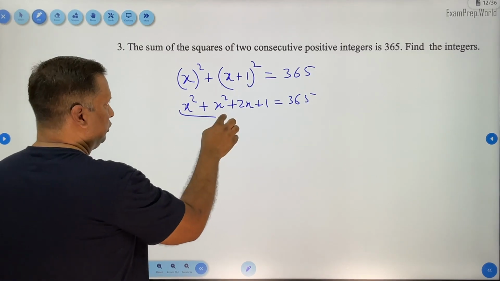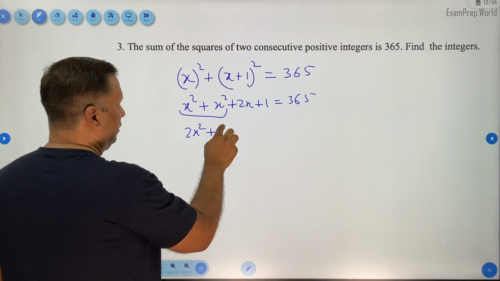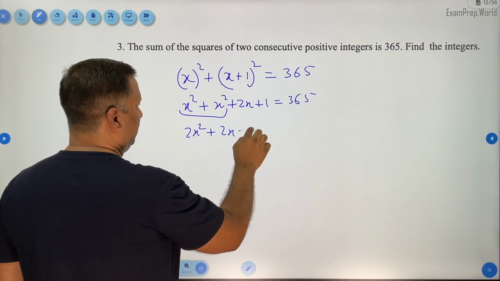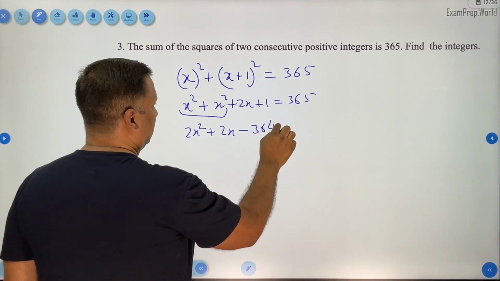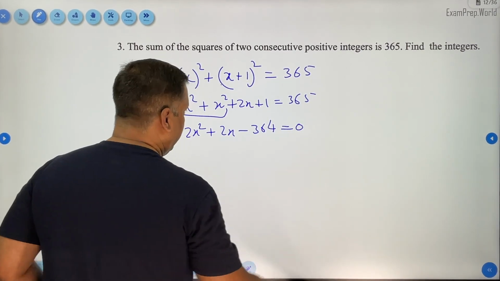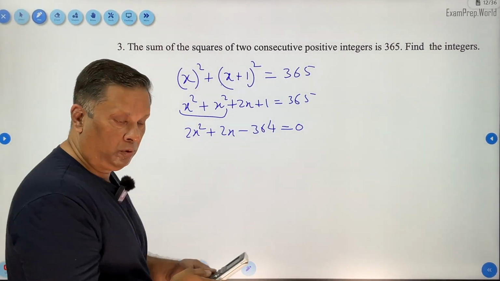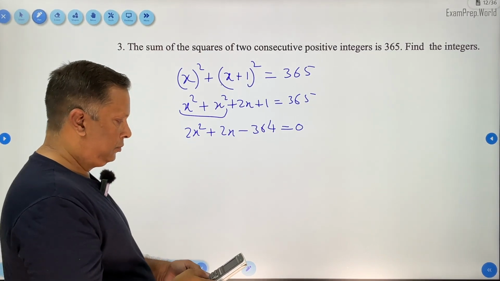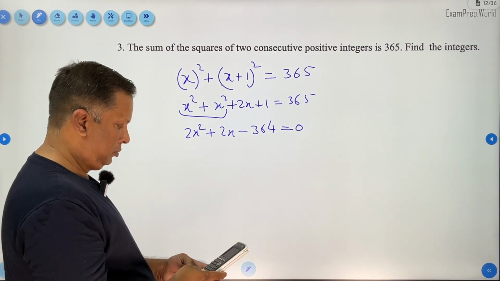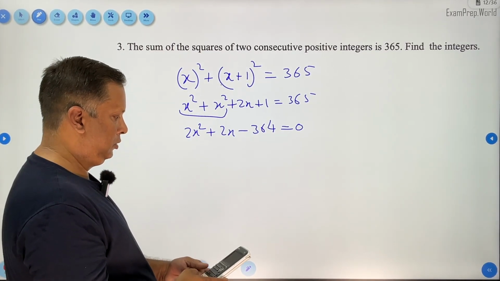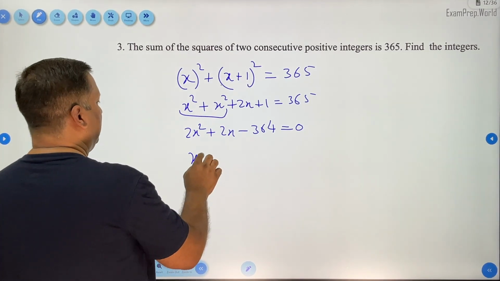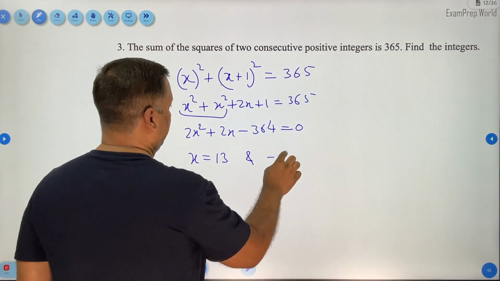Then x square and x square becomes 2x square plus 2x, get this 365 here, it becomes minus 364 equals 0. We have a quadratic which we have to solve. Okay, so let's solve this. So we get x is equal to 13 and minus 14.